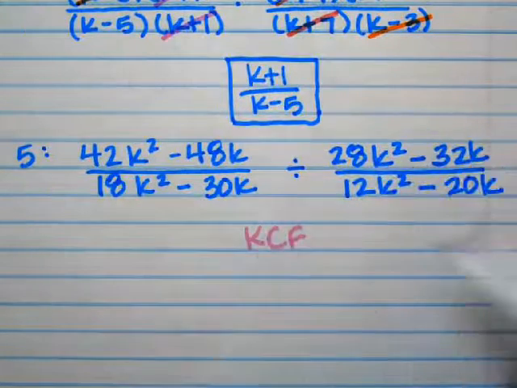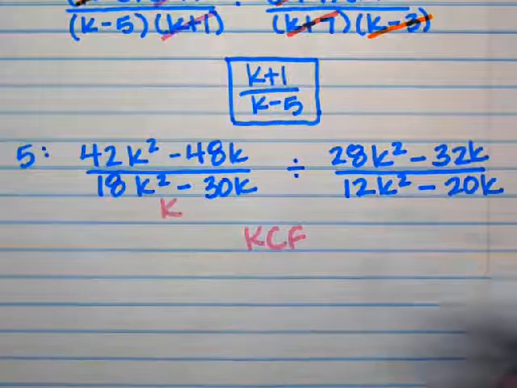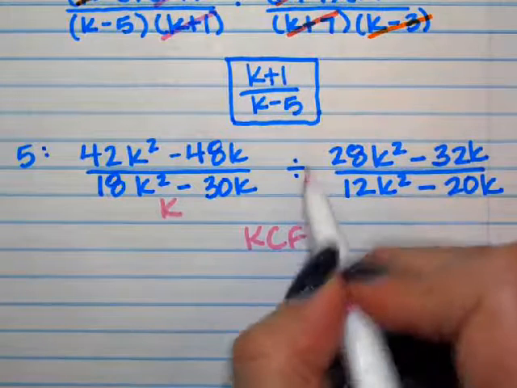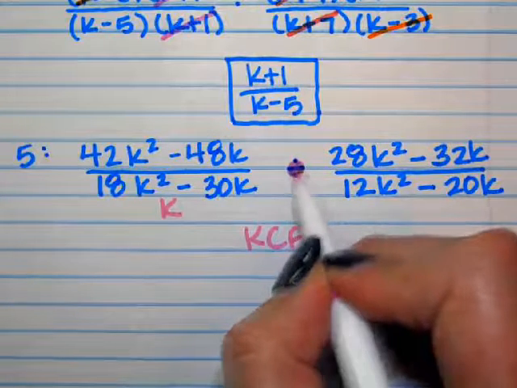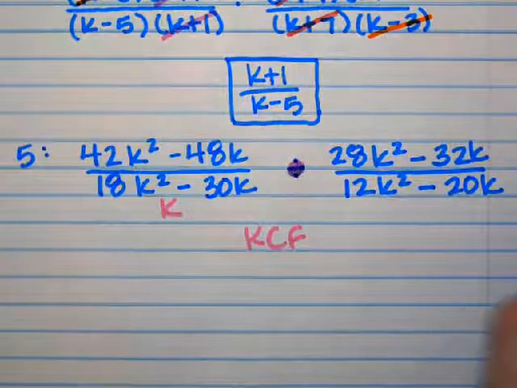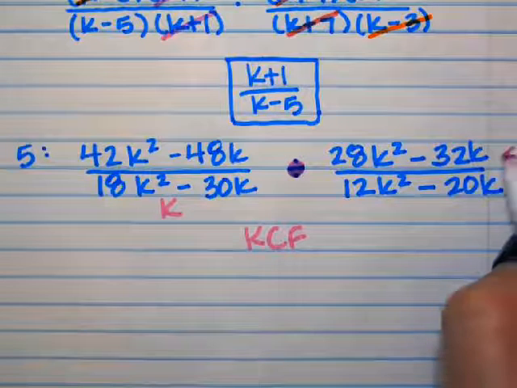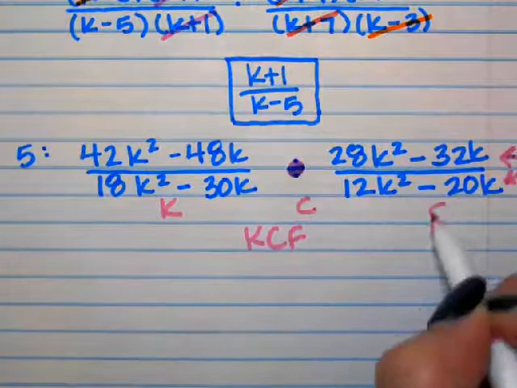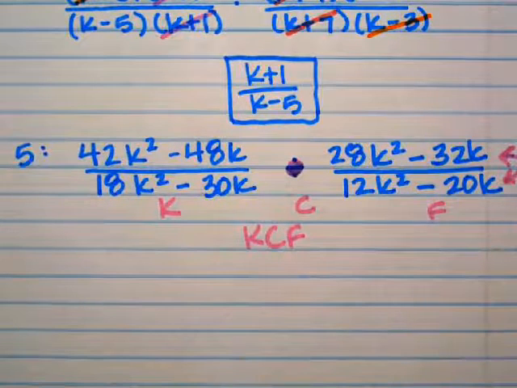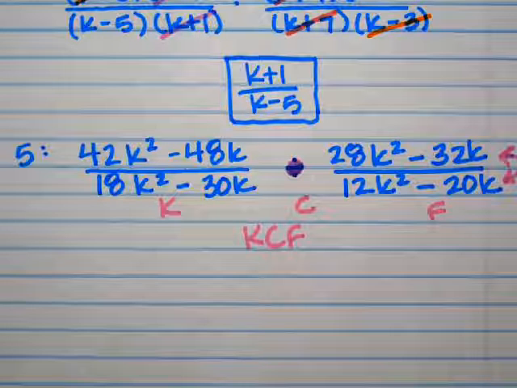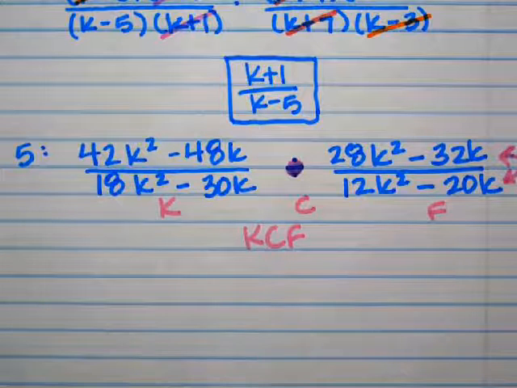So keep the first fraction the same, change this to a multiplication sign, and then flip the second fraction. That's what I like to do, just get the problem started that way, and then I can do all my factoring and canceling.